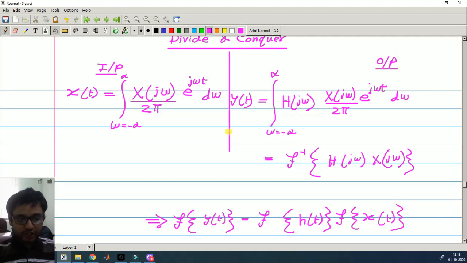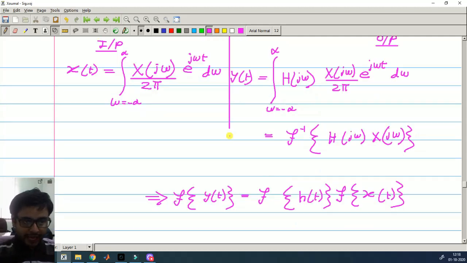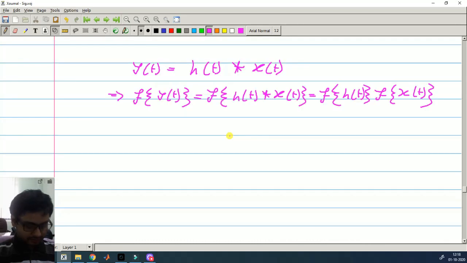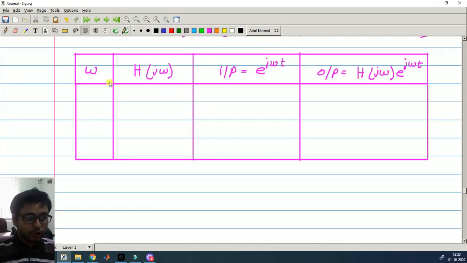because this policy will now allow us to construct an input-output table like this, where we have different omega values in the first column, starting from minus infinity, then 0, then plus infinity.